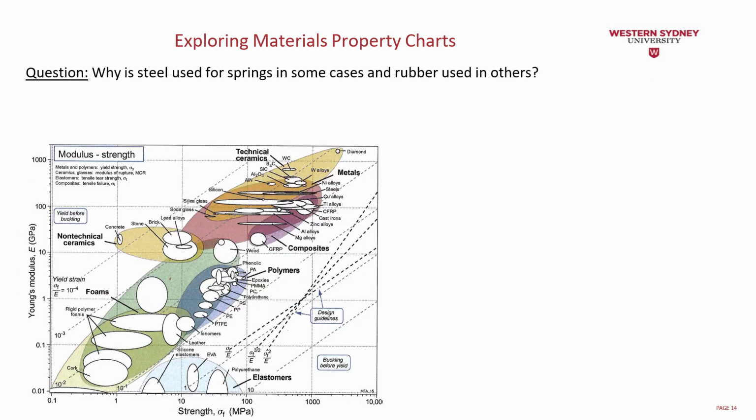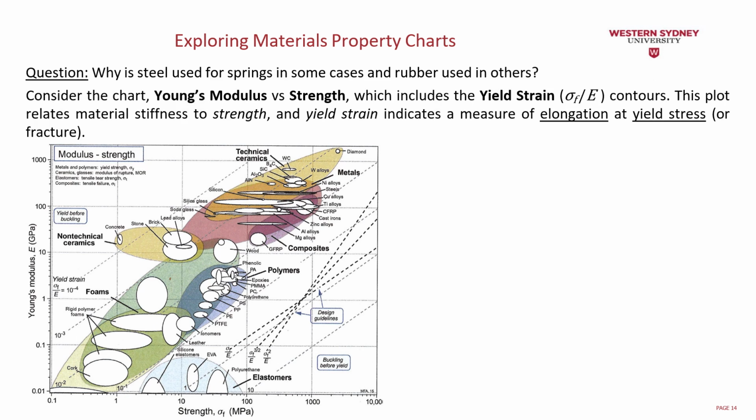So let's have a practical question: why is steel used for springs in some cases and rubber in others? Once again we have a new chart, the Young modulus against the strength, because we want some elasticity in the case of a spring.